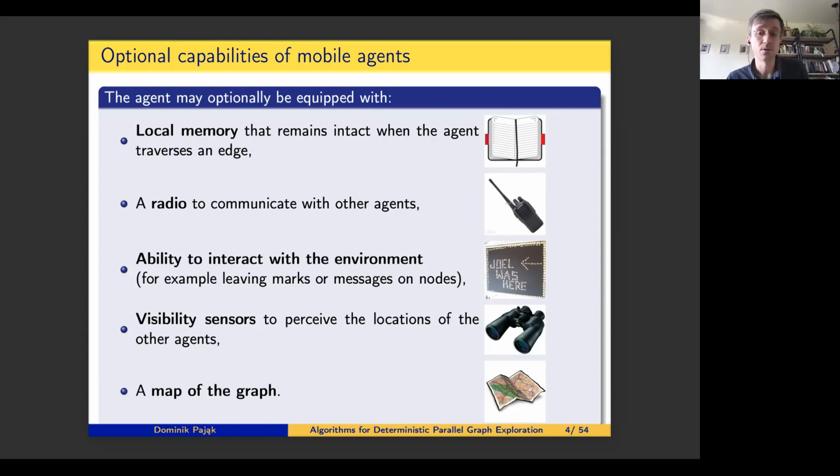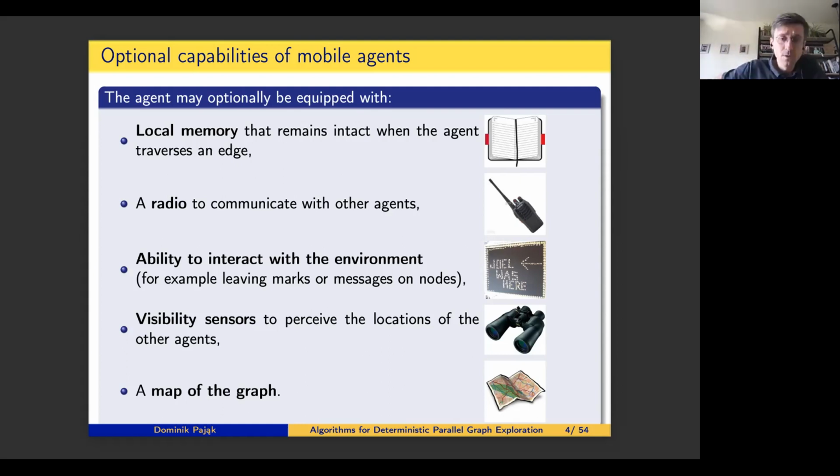So it can remember this information in its local memory. And when the agent decides to move to some neighbor, it can remember what was the degree of the previous node. And this information is actually very useful. This is sufficient to speed up certain random exploration processes. So even this simple information about the degrees, I mean, comparing the degrees, is enough to speed up some processes.